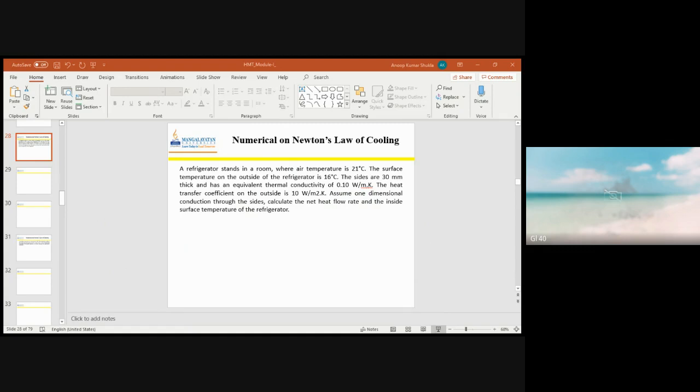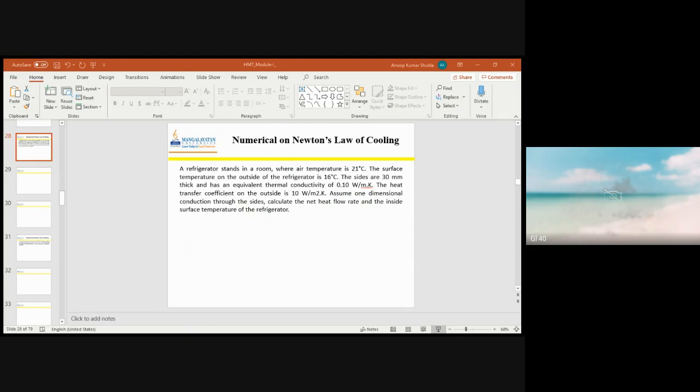Another problem is based on Newton's law of cooling. A hot plate is exposed to an environment at 100 degrees Celsius, and the temperature profile of the environment fluid depends on a quadratic relation.